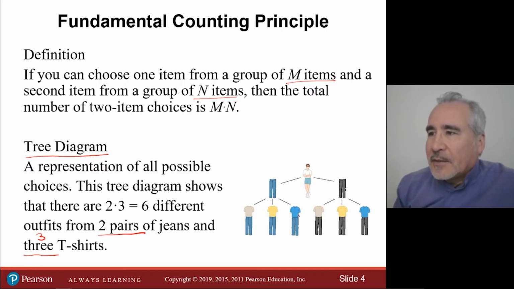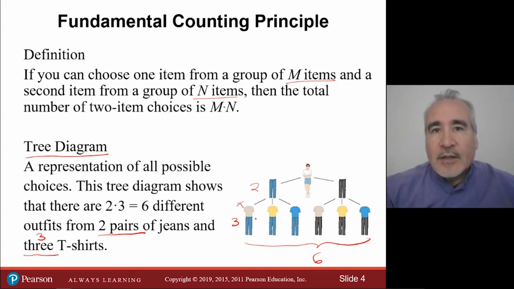But 3 different colored t-shirts. You first choose which jeans, whether you're going to wear the black jeans or the blue jeans. So that's 2. And then from each of those choices, you've got 3 shirts. So if you count this, 1, 2, 3, 4, 5, 6 different outcomes, and it really is 2 times 3. And that's the principle that we're going to work with.